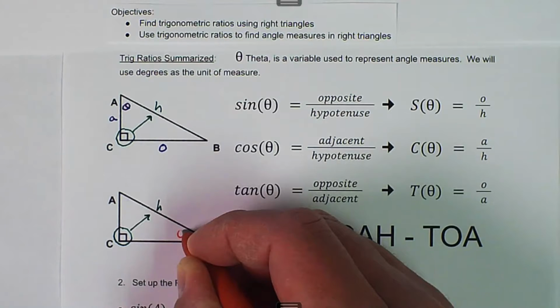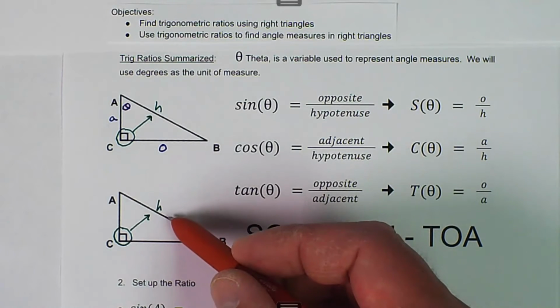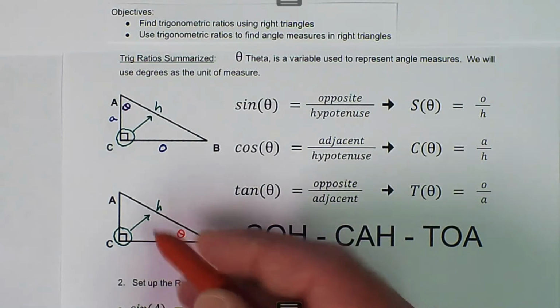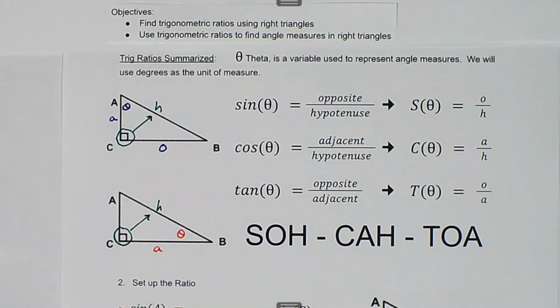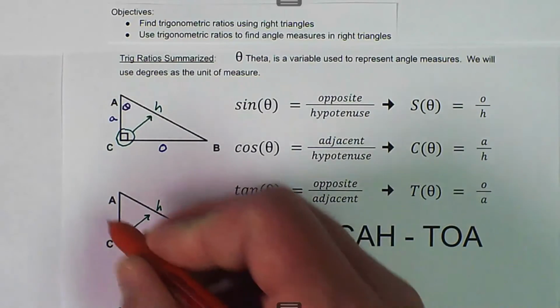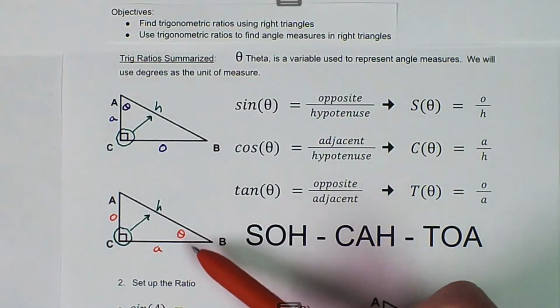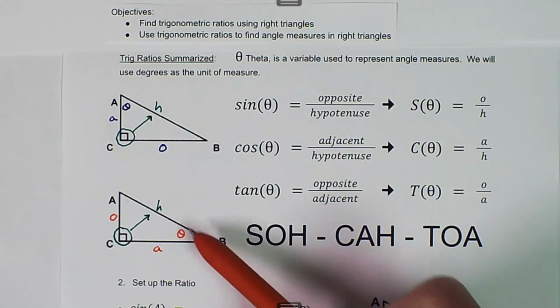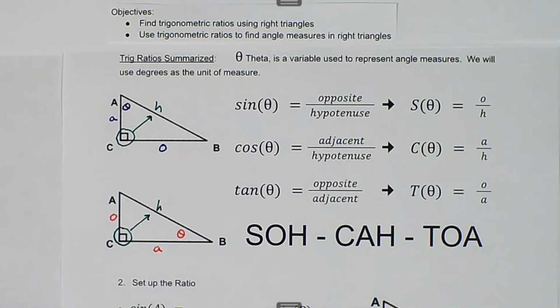So if we put theta here, now the adjacent side is the side that is touching the angle. The hypotenuse is touching the angle, and adjacent makes up one of the legs of the angle. And then opposite is the side away. So we can see that depending on whether our reference is angle B or angle A, our opposite and adjacent change.